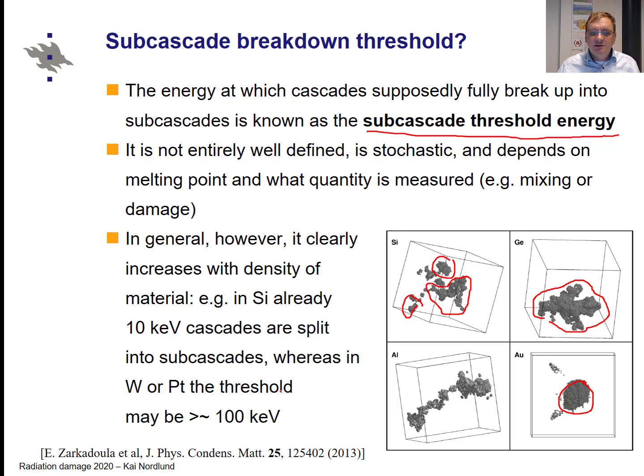But generally this so-called energy of subcascade breakup, in low density materials it's quite low. In silicon it's below 10 keV, whereas in very dense metals like tungsten and platinum the threshold may be as high as 100 keV.